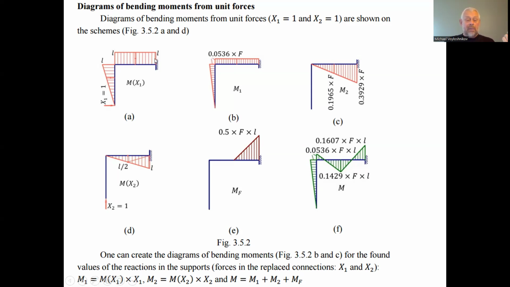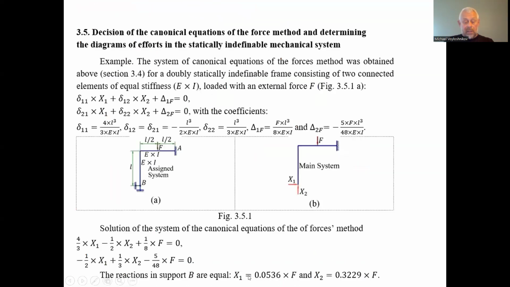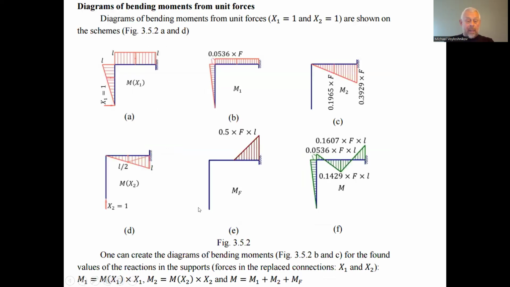But after solving the canonical equations of the force method, we determine the magnitudes of the forces, which are not equal to 1. We found that x1 is 0.0536 multiplied by F, and x2 is 0.3229 multiplied by F, and not 1. So we can do the improvement of the bending moment diagram.